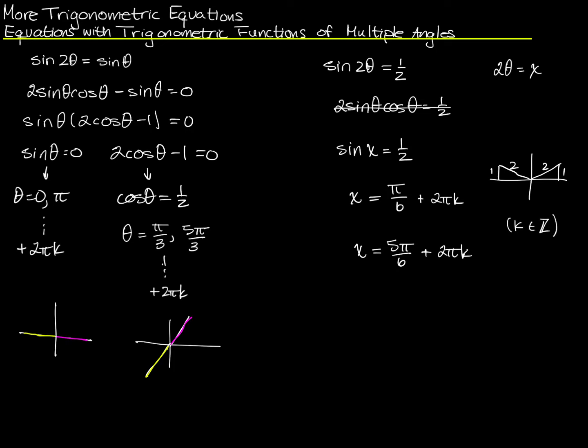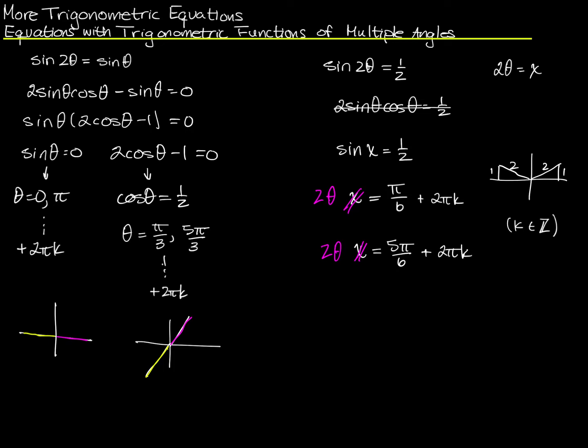Now, the problem is that although I've done a lot of good work here, I've found values for x, not theta. And my original equation was given in theta. So I have to go back and back substitute. Instead of x, I'm going to write theta. Instead of 2 theta. X was equal to 2 theta.